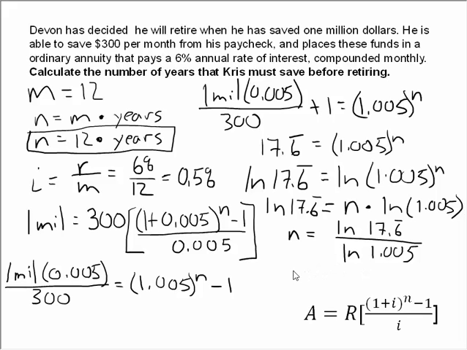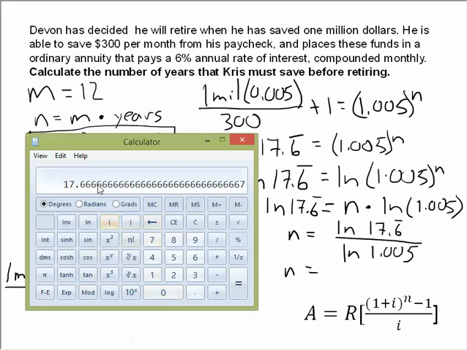And now I'm going to pull my calculator back up, and we're going to calculate what this is. I need the natural log of 17.6. My Windows calculator works just fine. I'll take the natural log of that number, divide by the natural log of 1.005.